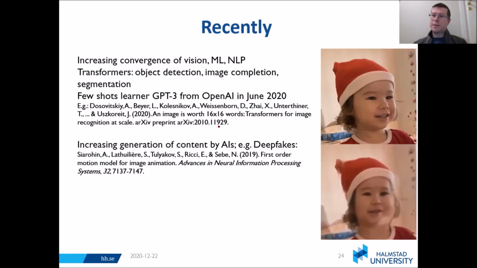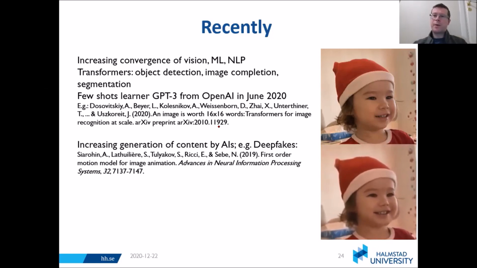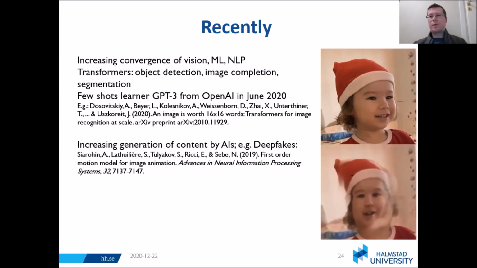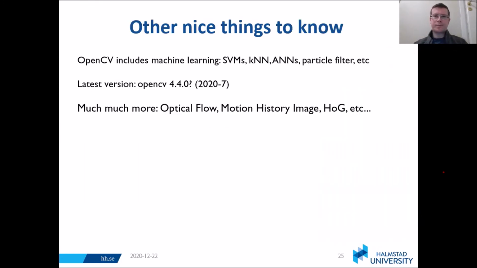So you don't need lots and lots of data. Also, we're seeing more generation of content by different artificial intelligences like deepfakes. This is a very bad example here on the right, but I'm making this image of my daughter move using a movie of Leonardo DiCaprio.